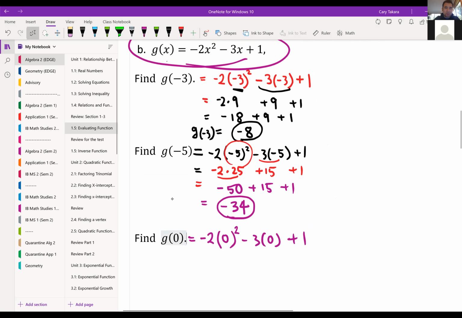Well, 0 squared is still 0. And then 0 times negative 2 is 0. And negative 3 times 0 is 0. So what do you have left? Yeah, 1 comes out, right? So evaluating a function with 0 as an input is usually an easy question.